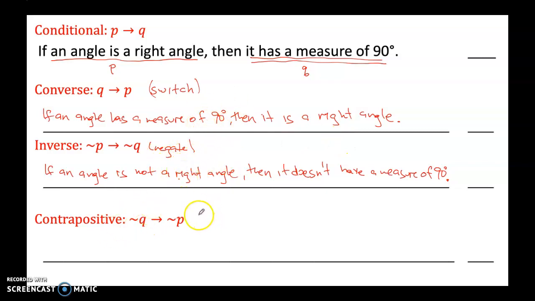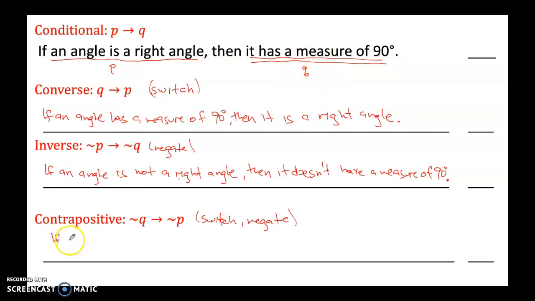For the contrapositive, we switch the hypothesis and conclusion, then negate both. So we start with the negation of the conclusion.